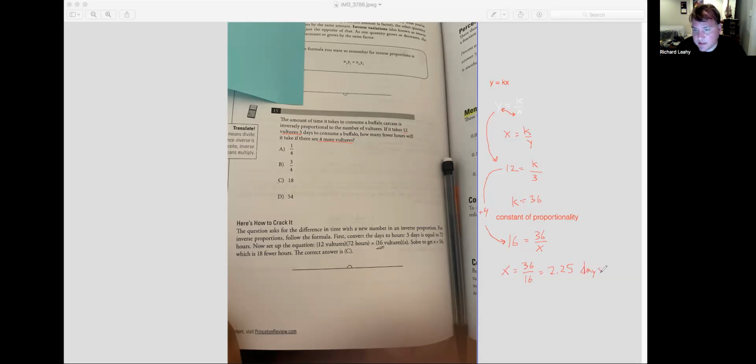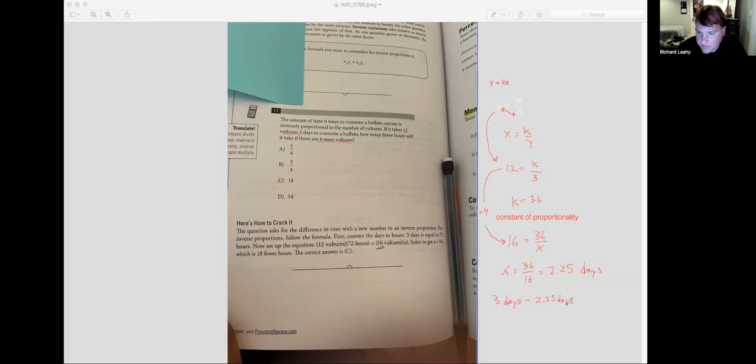And now it is time to compare. So we have the 3 days for the 12 vultures. Takes them a little bit longer than the 16 vultures, which takes the 2.25 days.